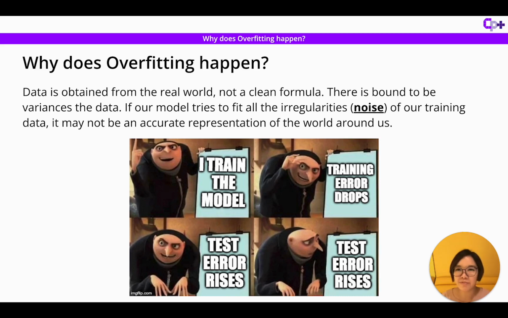But if it's doing worse, that means it's just learning the nuances, the quirks, and the outliers in your training data. Overfitting happens when your model tries to fit all the irregularities, or what we call the noise, in our training data, so that it cannot represent the world around us. It only memorizes the answers that we give it, so it's not able to generalize to new questions.